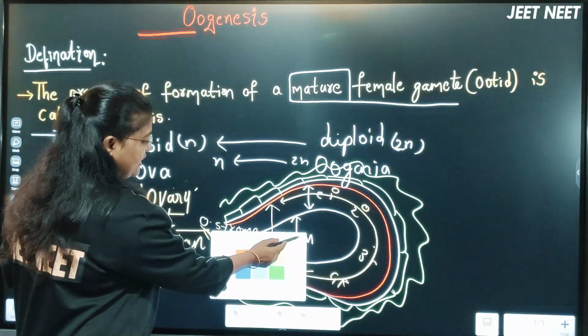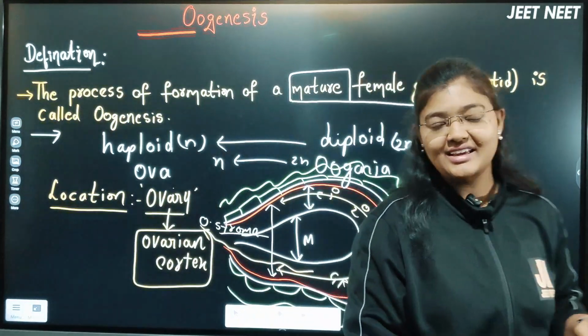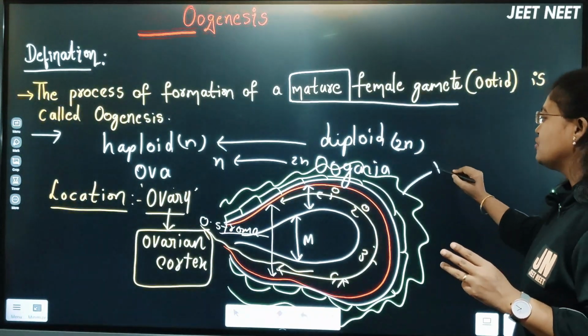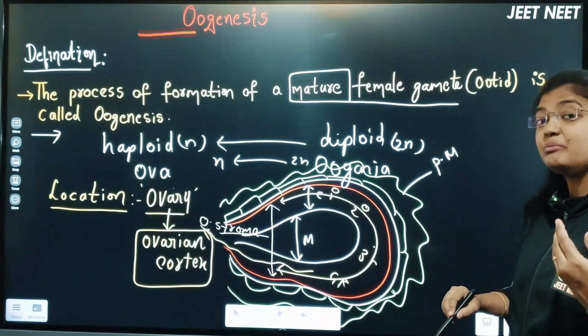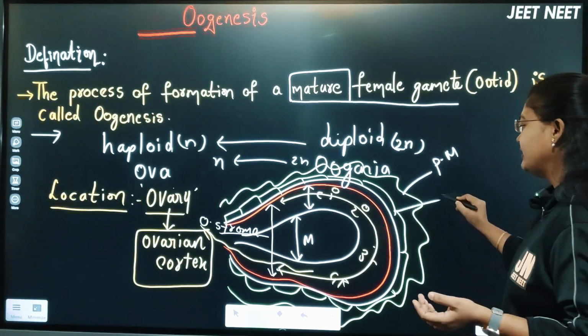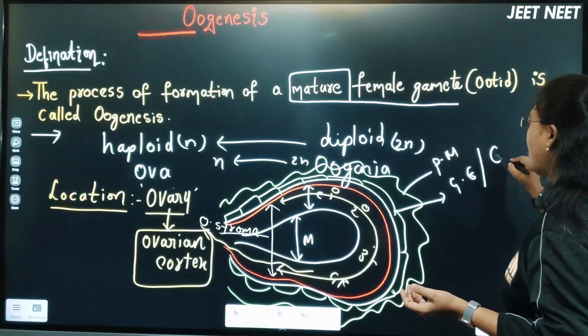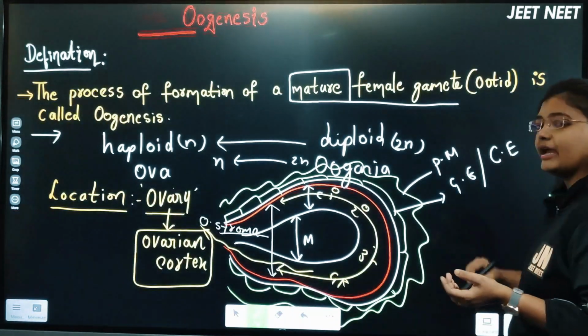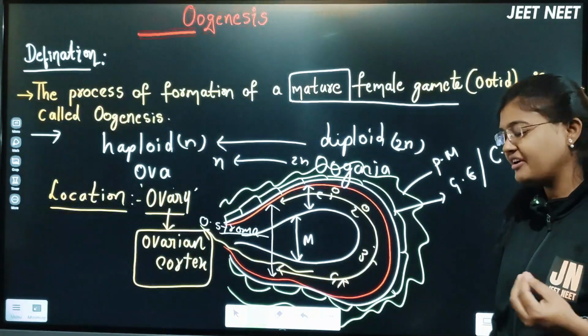I repeat the point again. Our ovary is covered with 3 major layers. One is the outermost called the peritoneum membrane, which we can also call the mesovarium. The second one is the germinal epithelium, which is also called the cuboidal epithelium, because the cells present here are cuboidal in shape.